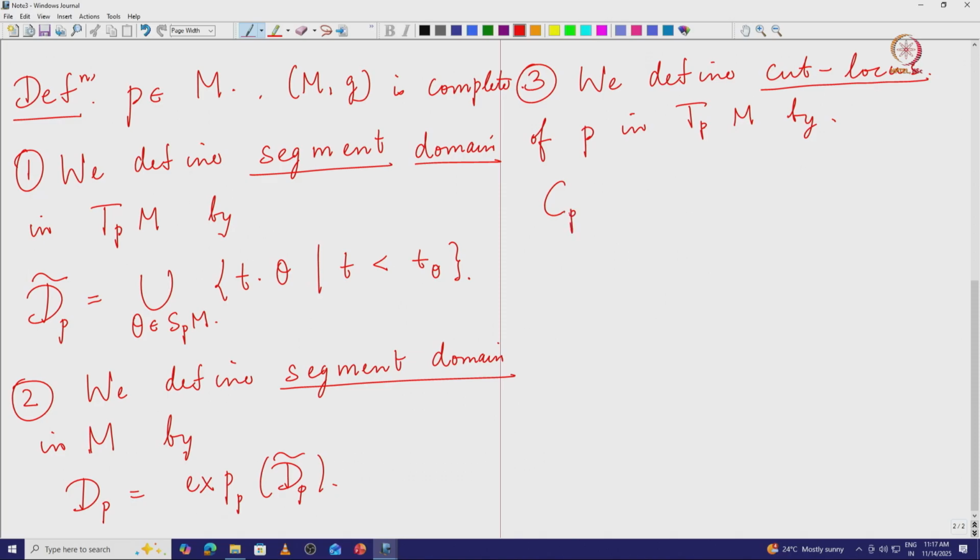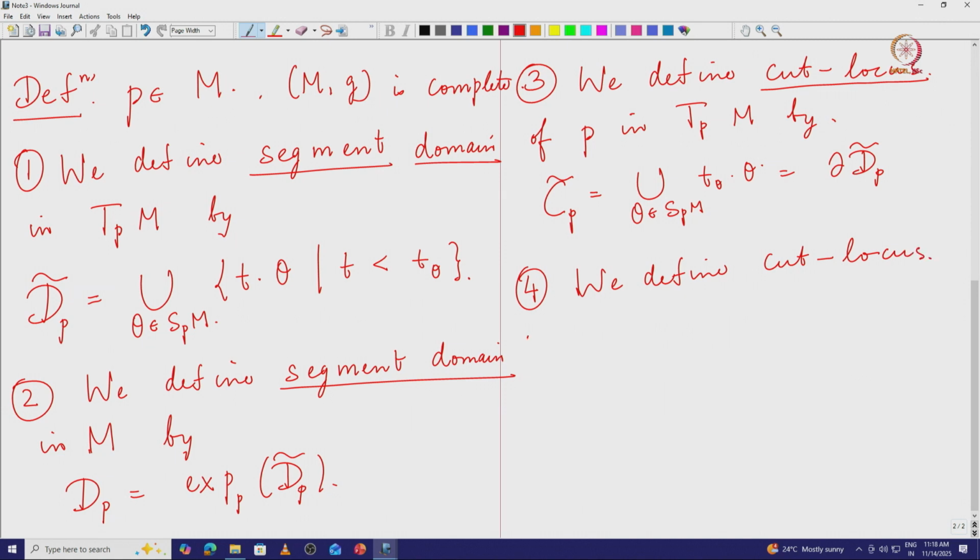So C_p tilde is basically the union of t theta times theta, which is simply the topological boundary of D_p tilde, and the cut locus in the manifold is defined as the image under the exponential map of C_p tilde.